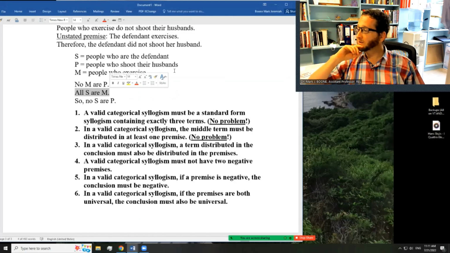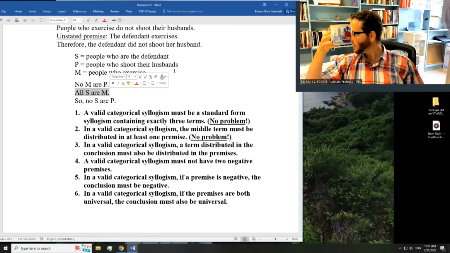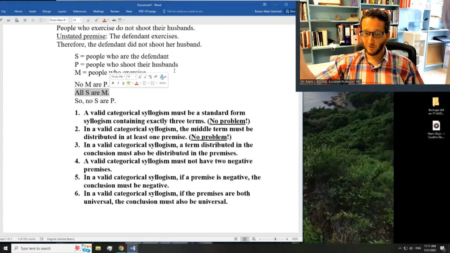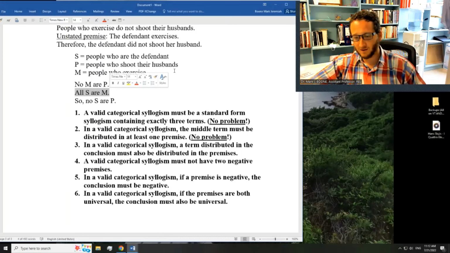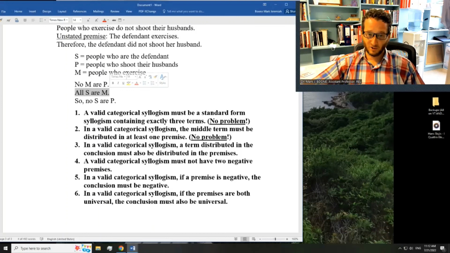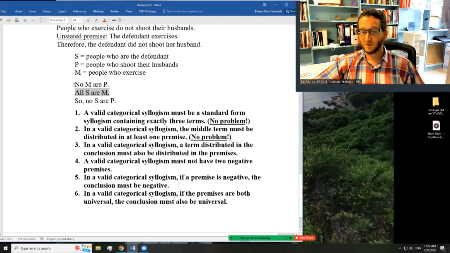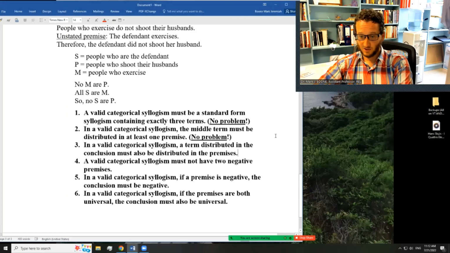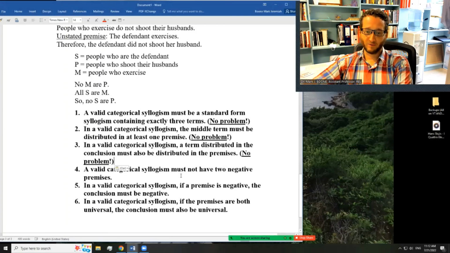When I say all guinea pigs are mammals, all mammals are animals, all teas are wonderful, all people who are Mark are tired people, I'm saying something about every guinea pig, every person who's Mark, every tea, every mammal, or whatever I was talking about in those illustrations. The first term is distributed in an A-form proposition, so each premise distributes each term that turns up in the conclusion. So no problem for that rule.